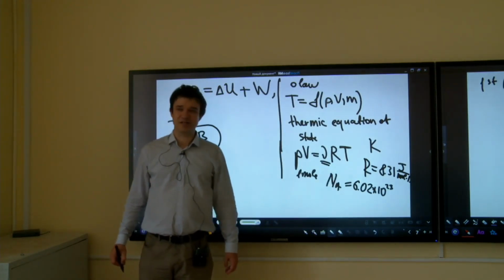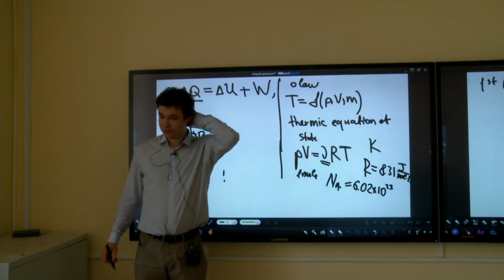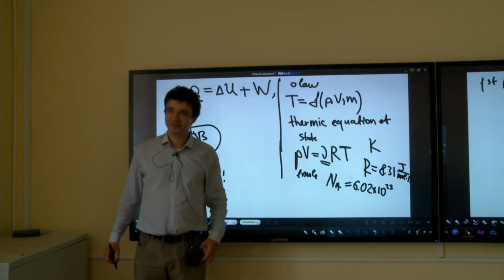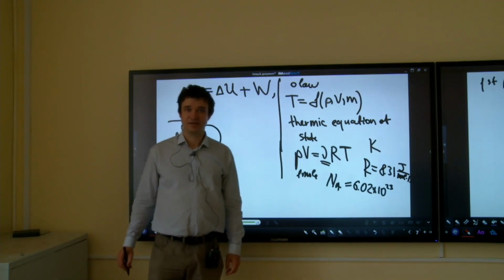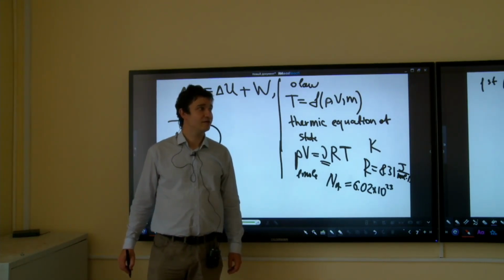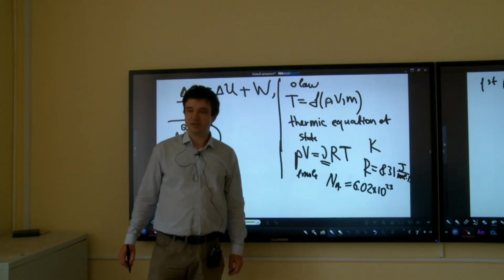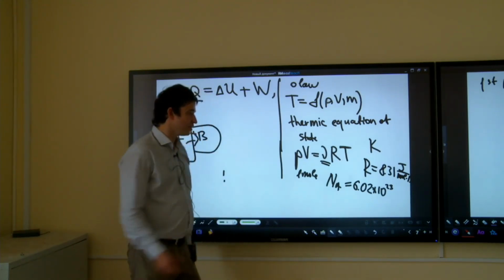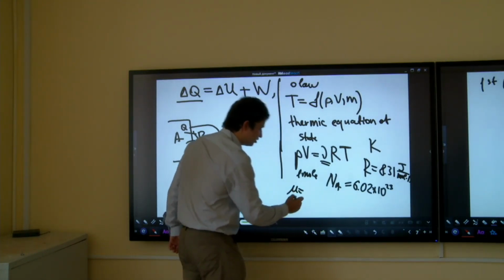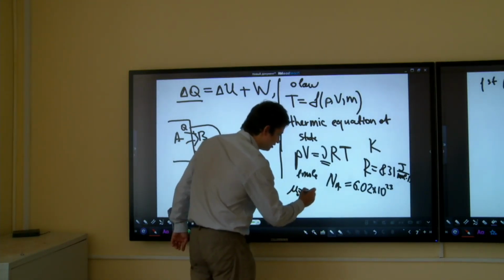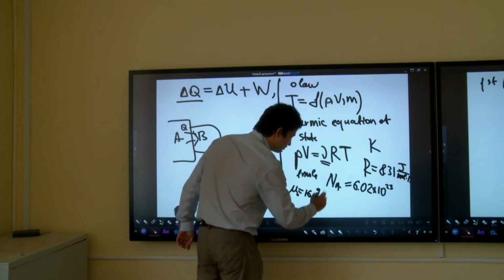And for example, what does 1 mole of oxygen weigh? Okay, so the molar mass of an atom of oxygen is 16 grams per mole.